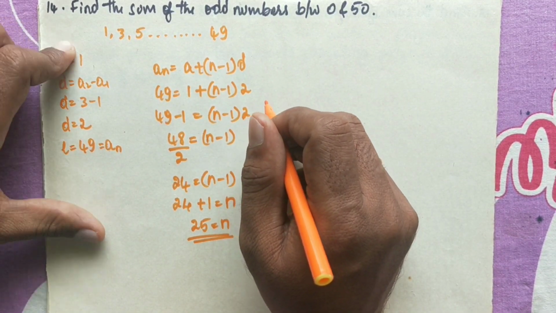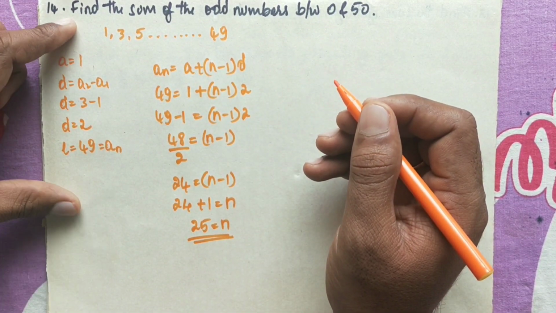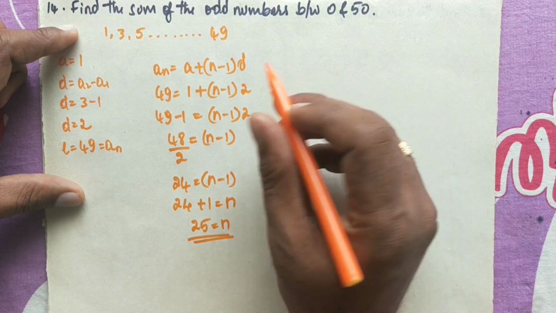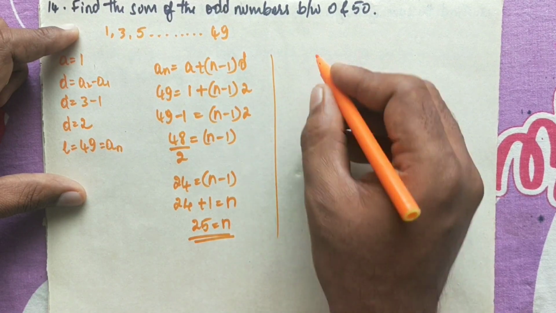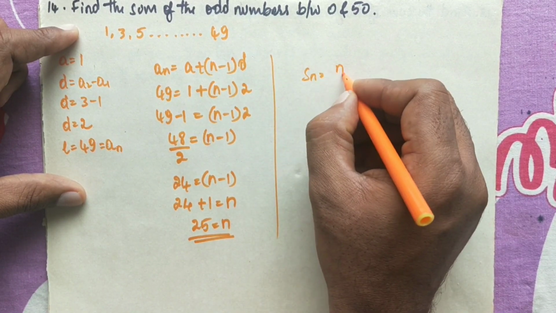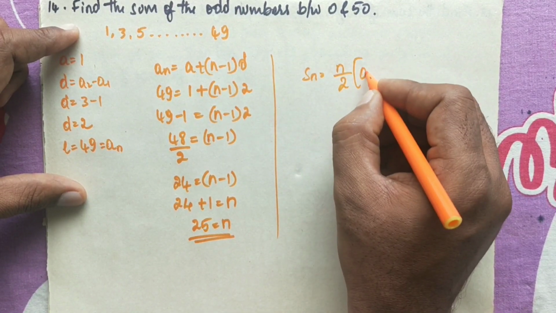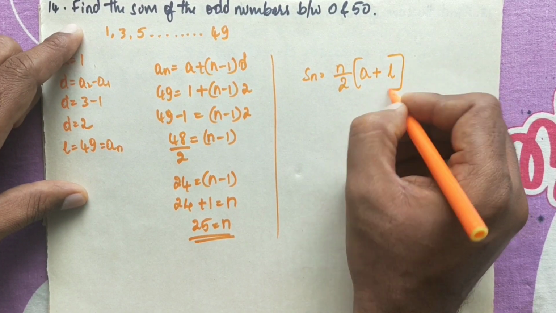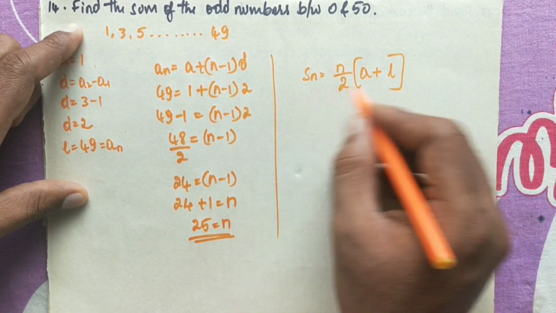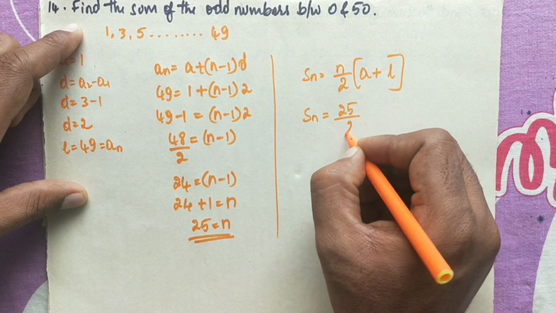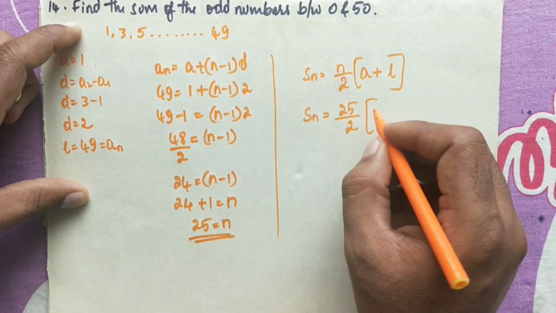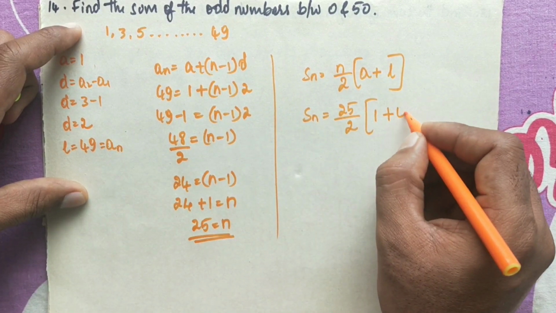To calculate the sum of 25 terms of this odd number AP, we can use Sn is equal to n by 2 into a plus l, that is the last term formula for the sum of n terms. Sn is equal to n is 25 by 2, a first term is 1 and the last term is 49.